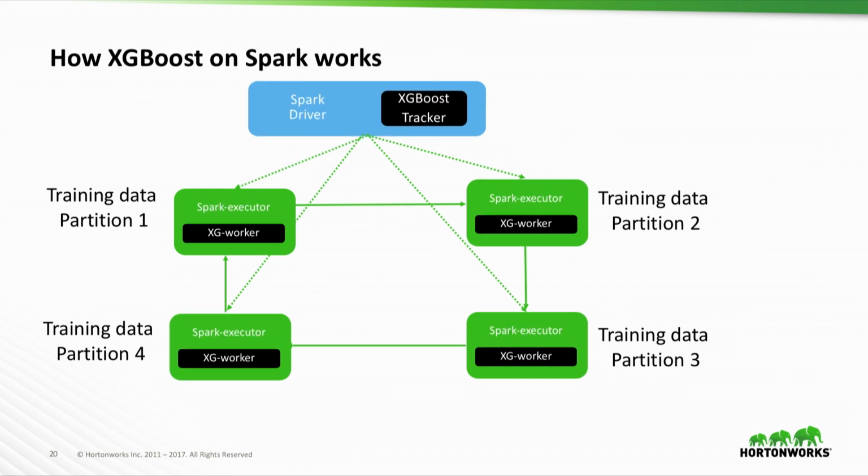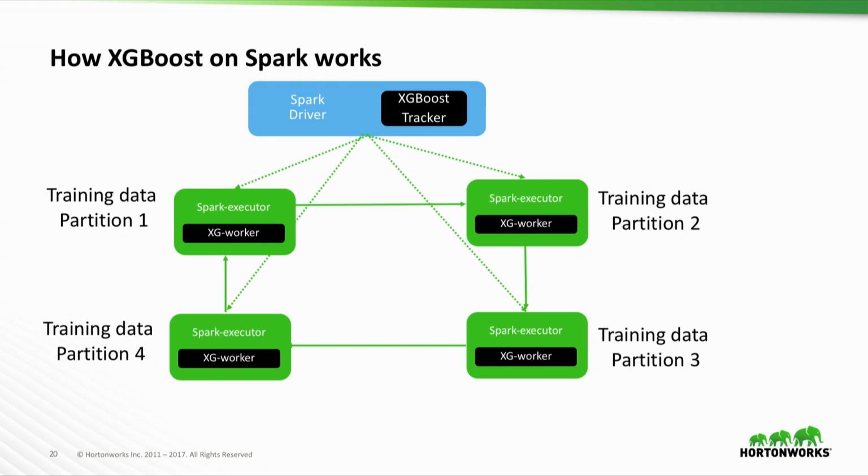Okay, let's see how we can plug it into the Spark architecture. The first thing is we start the XGBoost tracker on the Spark driver side, because both of them act as a master in the distributed runtime. On the Spark executor side, in each Spark executor, we start an XGBoost worker. Then these workers communicate with each other through the original Rabit layer.